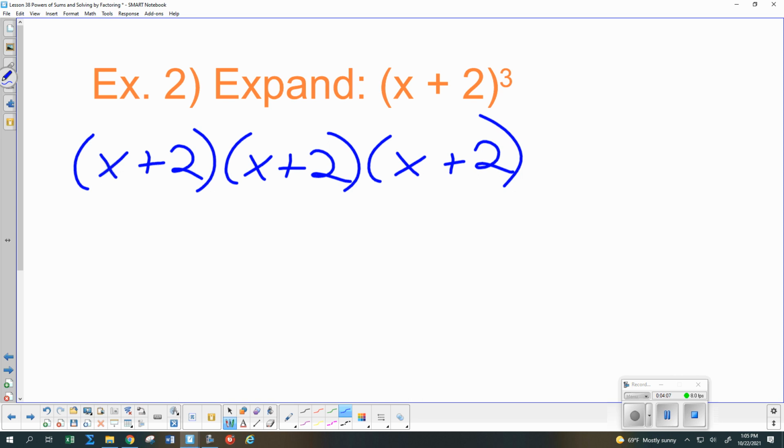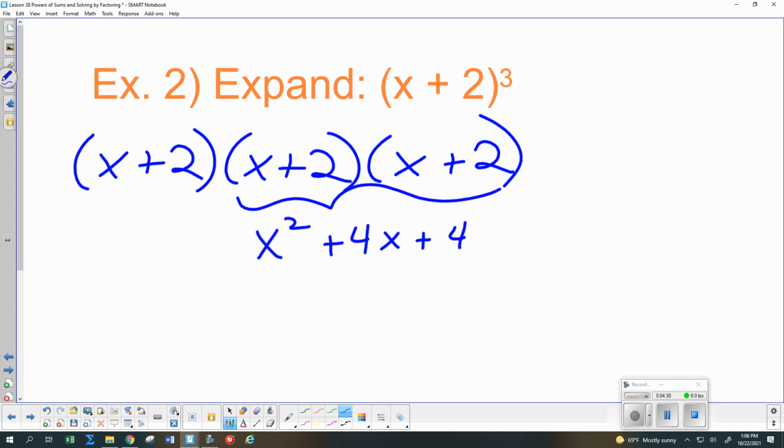So I can pick any two of those to multiply first, and then FOIL. So if I FOIL x plus 2 times x plus 2, I get x squared plus 2x plus another 2x, so plus 4x. And 2 times 2 is 4. Everybody good with that for that parentheses?